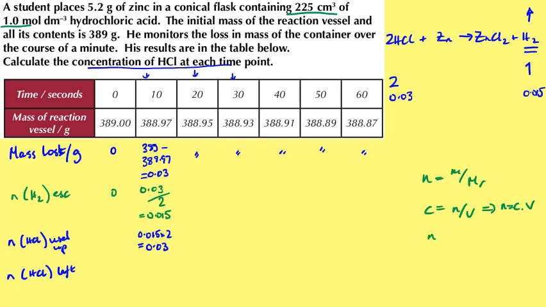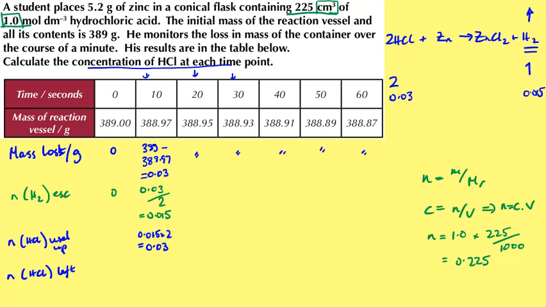So our moles that we started off with is concentration, which is 1.0 from the question, times volume, which is 225, but notice it's cm cubed, and we want dm cubed, so we have to just divide that by 1000. So our moles turns out to be 0.225 moles. So we can write that in here, 0.225.